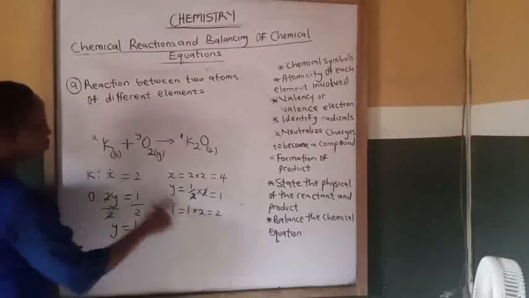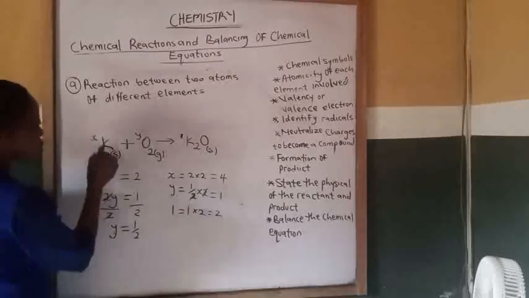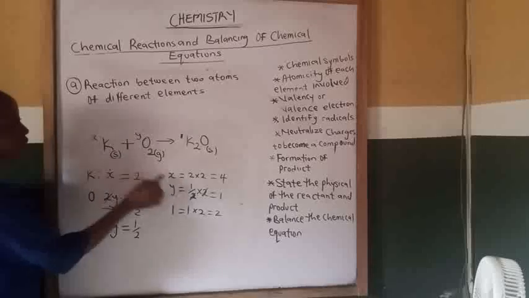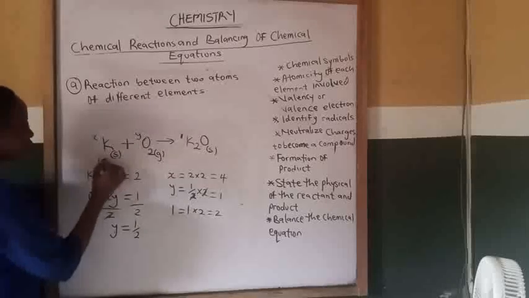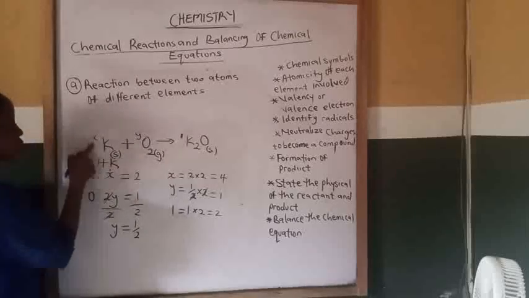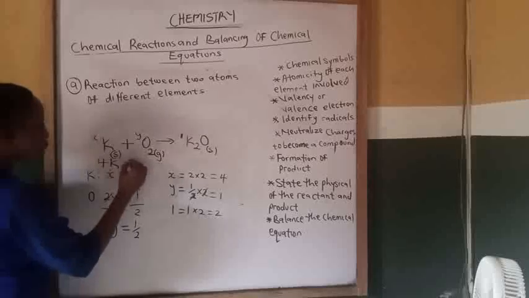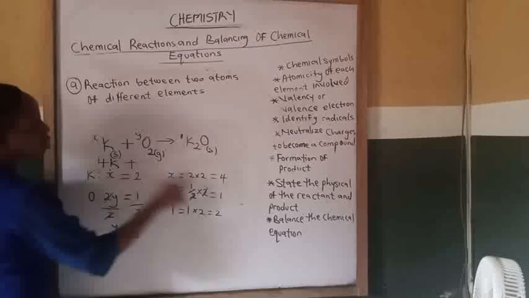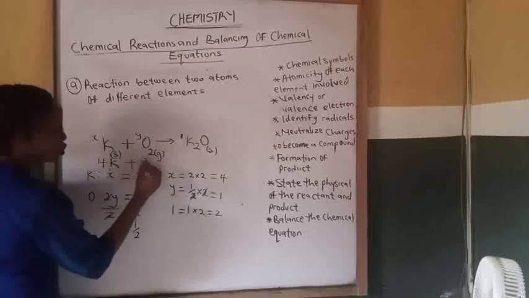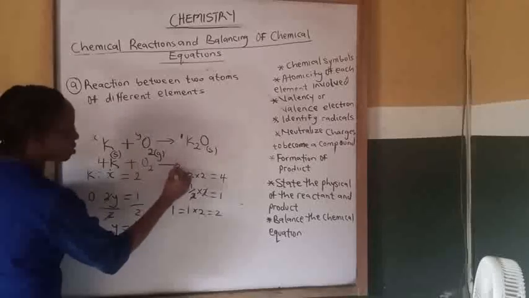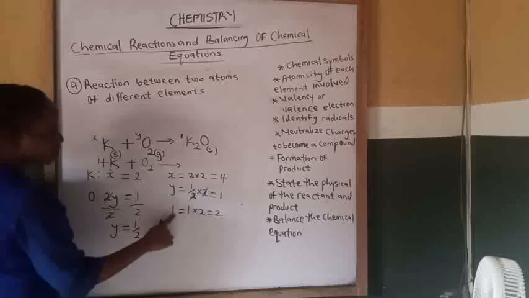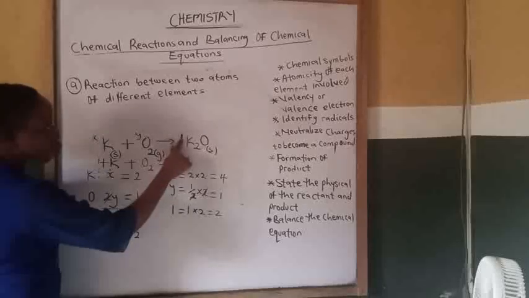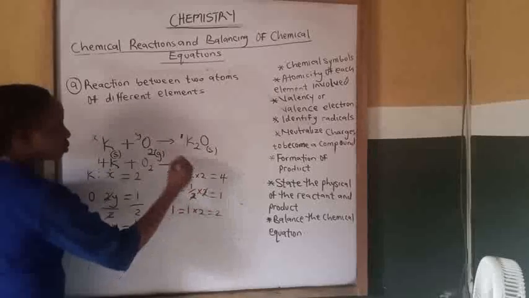So let's substitute the values that we have here into our equation. So our K, x is now equal to 4. It will give us 4K, because my x equals 4, plus my oxygen, my y equals 1. So 1 times O2 will still give me O2. So 1 will not affect it, equals, then my coefficient 1 is now 2 because I've multiplied by 2.